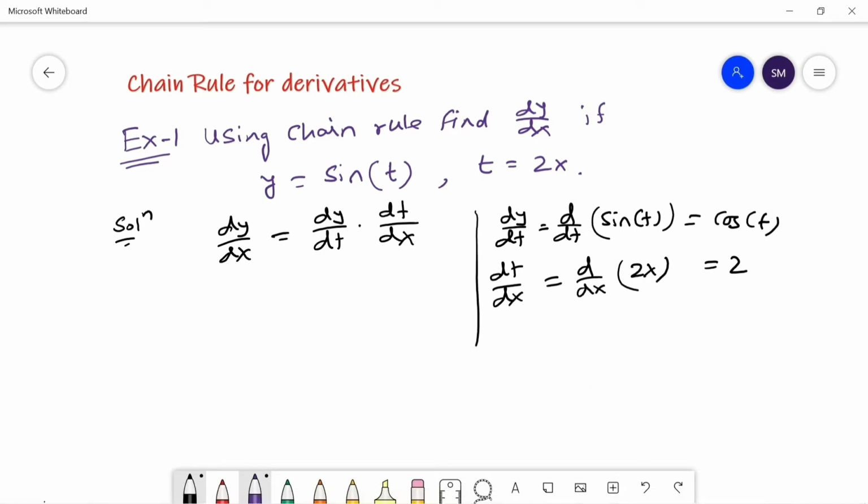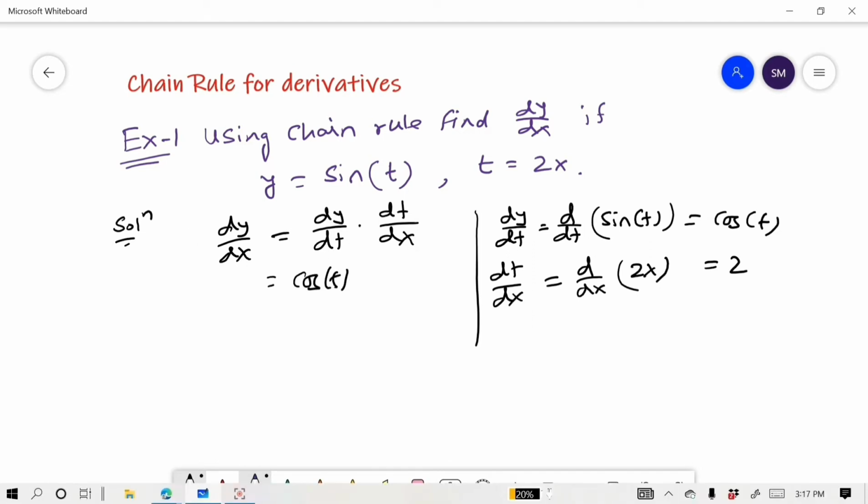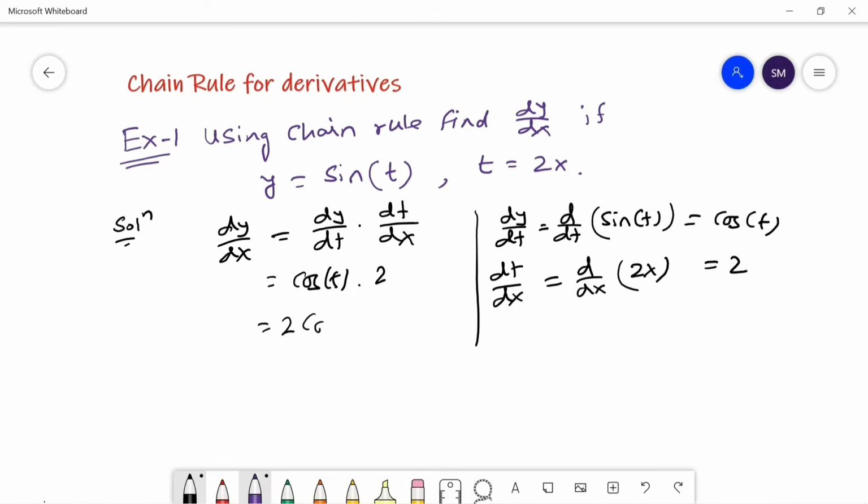So we got here dy/dt is cosine t and dt/dx is 2. So this is equal to 2 cosine t, and one of the things we need to know is that the final answer should be with respect to the final independent variable, which is x here. So it is 2 cosine 2x.